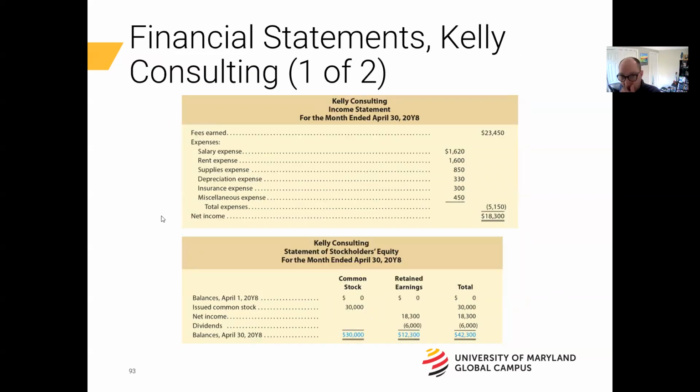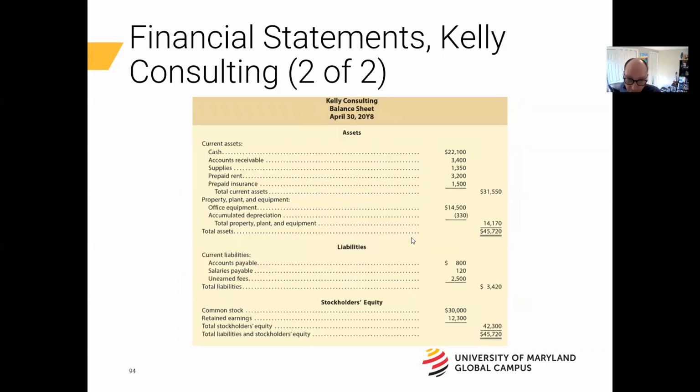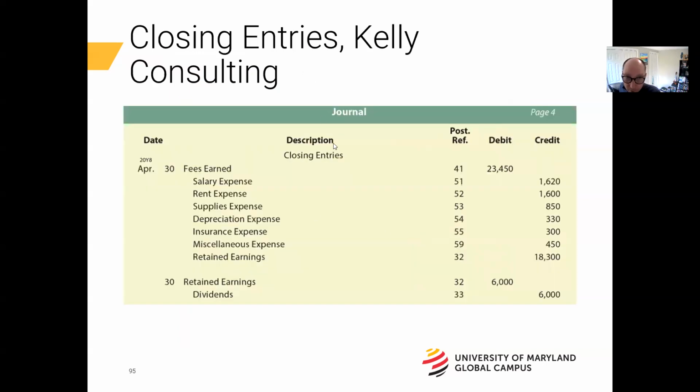We create our financial statements: income statement, statement of stockholders' equity, our balance sheet. Then we perform our closing entries. We debit our revenue accounts, credit all of our expense accounts. What that does is it gets everything down to zero, right?